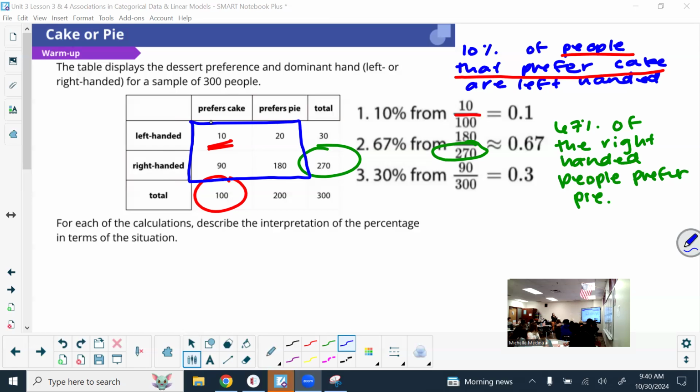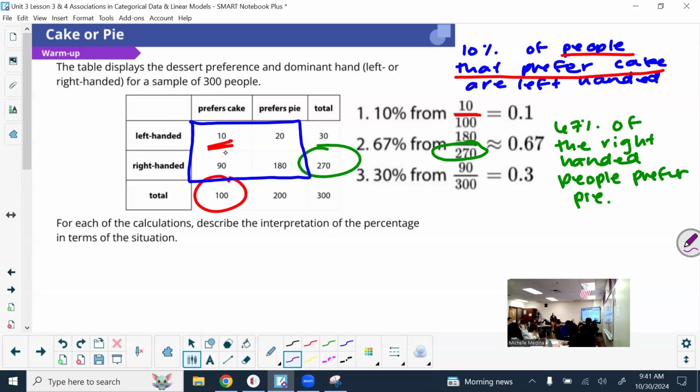Or sorry, these should never be your denominators. What you're dividing out of should be a total of some sort. Whether it's just one category, like these totals up here, whether it's the columns, or whether it's the total survey. But your denominator should never be the ones that are the 2 characteristics.